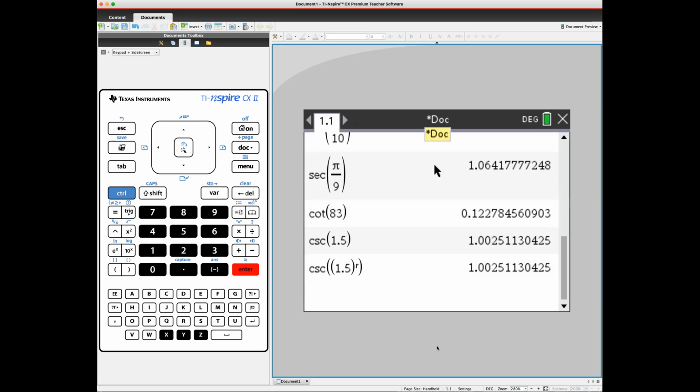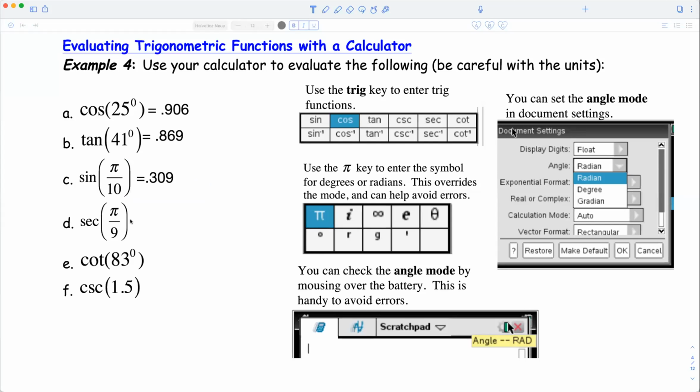I'm going to switch back to the notes and type in the values that we found, but hopefully you put them in as you went. Also, please make sure that you are doing these computations on your calculator so that you are able to do these on your own. Okay, so secant pi over 9 is 1.064.